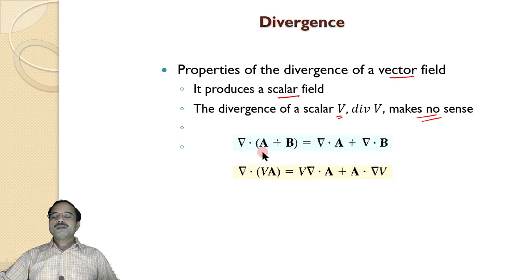So there is a vector A and a vector B. Divergence of A plus B is the same as divergence of A plus divergence of B. Similarly, if there is some scalar quantity V and the vector A is multiplied by the scalar V, then the divergence of VA is the same as V multiplied by divergence of A plus the dot product of A and del V. Del V is the gradient.